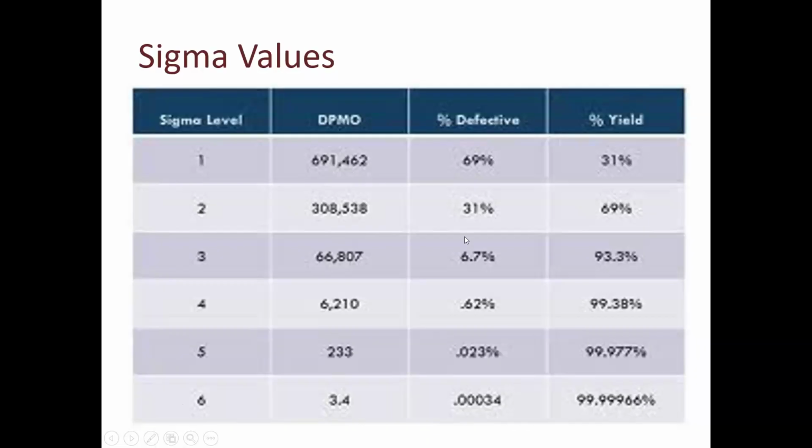Again, don't have to memorize this, just be ready to remember that Six Sigma level will give you a DPMO of 3.4. Be ready to explain what DPMO is, and this also amounts to a yield of 99.999666. So this may be the only thing you have to recall from this slide, specifically the Six Sigma level.